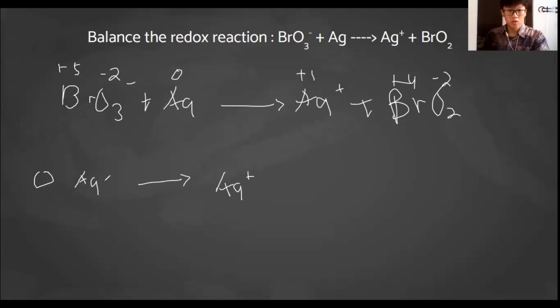Here, since there is no need to add H2O or H plus, we just need to balance the electrons. This has 0, this has positive 1, so we add an electron to make it 0. So this is the oxidation reaction.